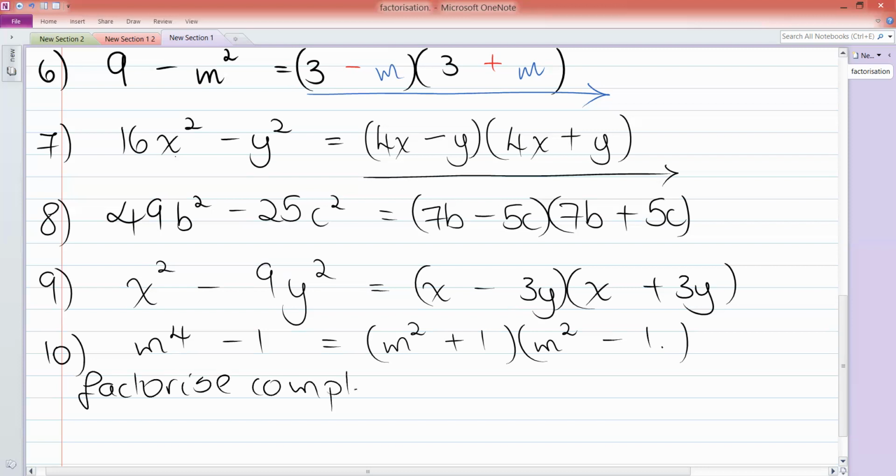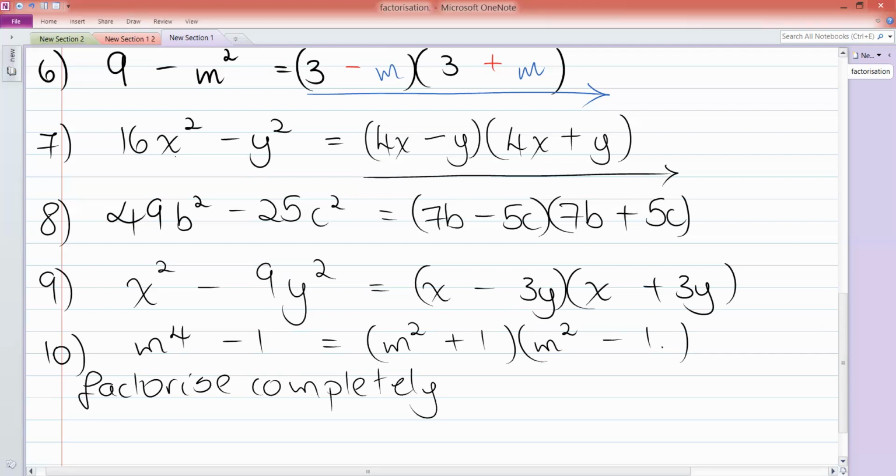Now, remember the idea is to factorize completely, right? Is there still something we can do here? Have I spelled completely correctly? I think I was correct. Yes, you were correct, ma'am. Okay. Is there anything else here that I can factorize? What can I still factorize?